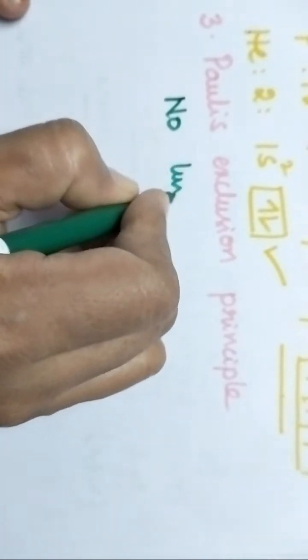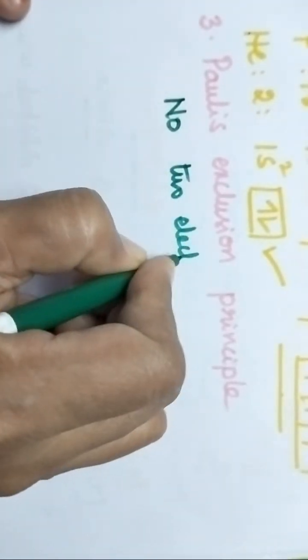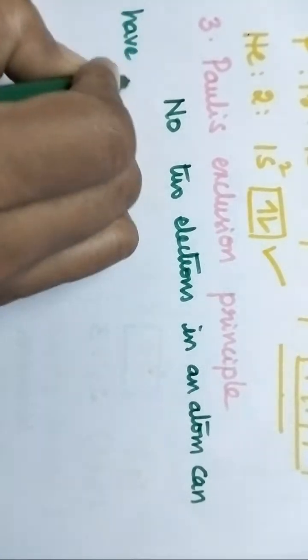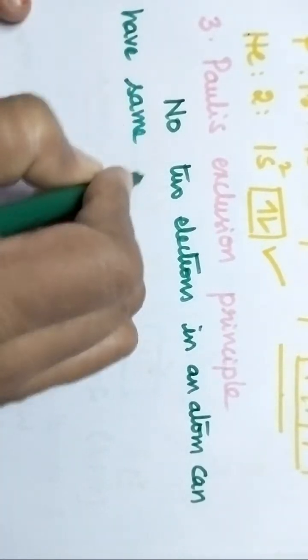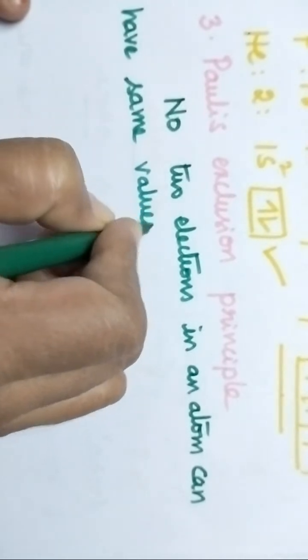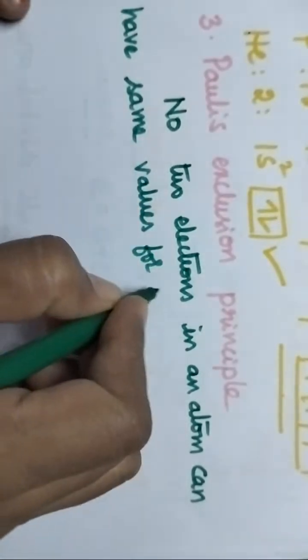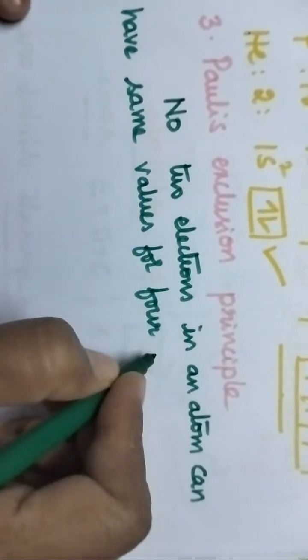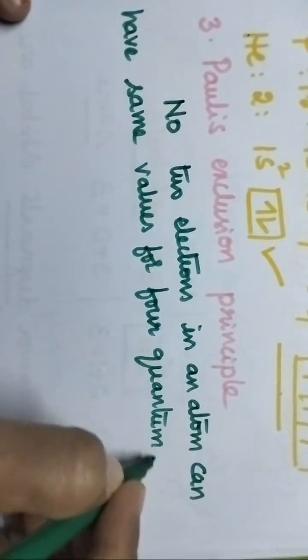No two electrons in an atom can have the same values for 4 quantum numbers.